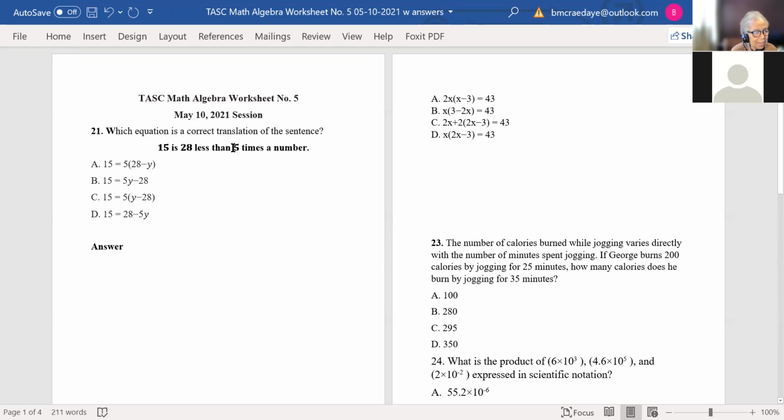This is a multiplication. 5 times a number means 5 times some variable. Here they're using y. So what is your answer, Maureen?